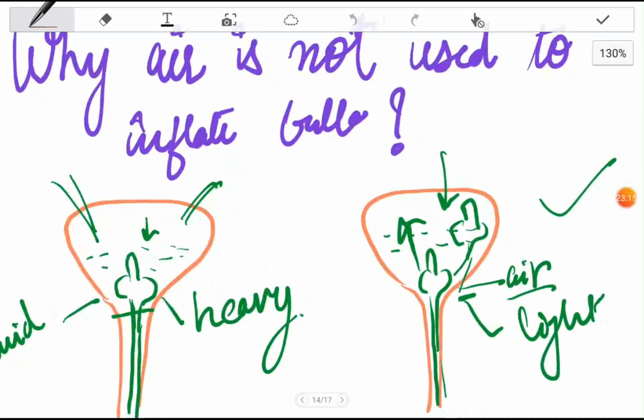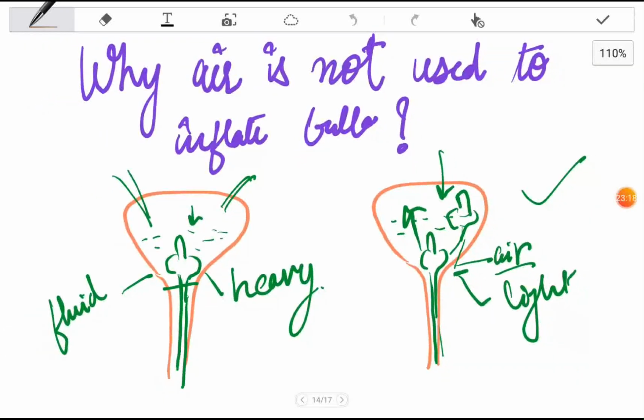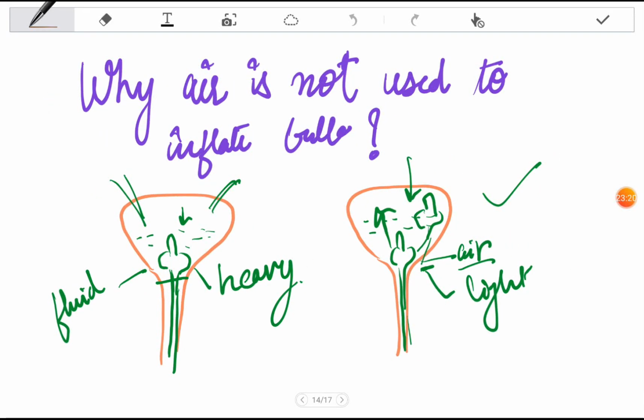So next is a super question. Why is air not used to inflate the bulb? What happens, these are both bladders. In one the catheter balloon is filled with fluid, in one it is filled with air. Once the bladder is full, the fluid one, being heavy, won't float over the urine and remains intact with the bladder lining.